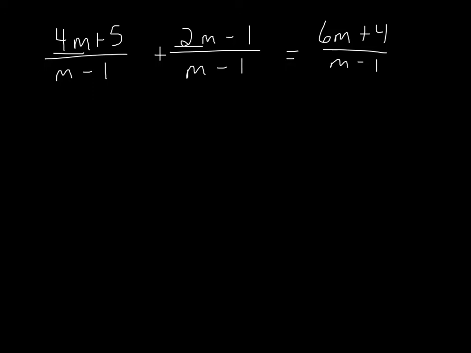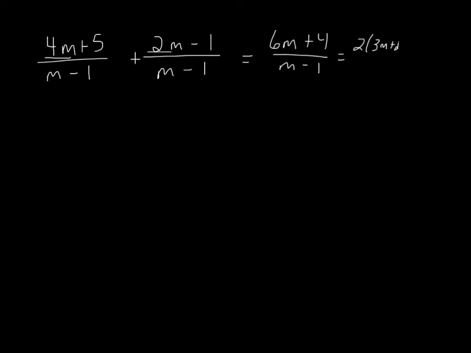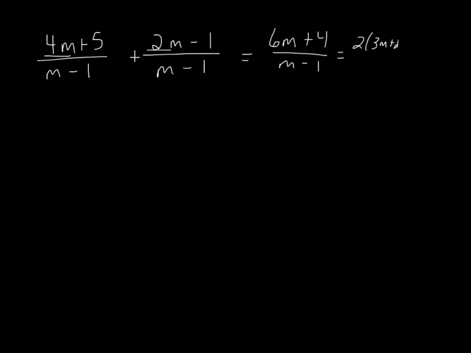So we can factor out a 2 out of the top. This becomes 2 times 3m plus 2 over m minus 1. And I believe that's it. We can't do anything else. There's nothing to cancel out, so we are done with that one.